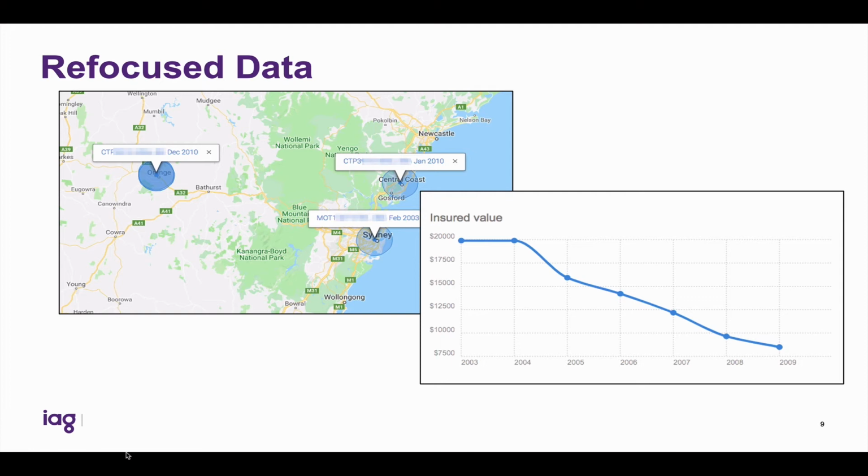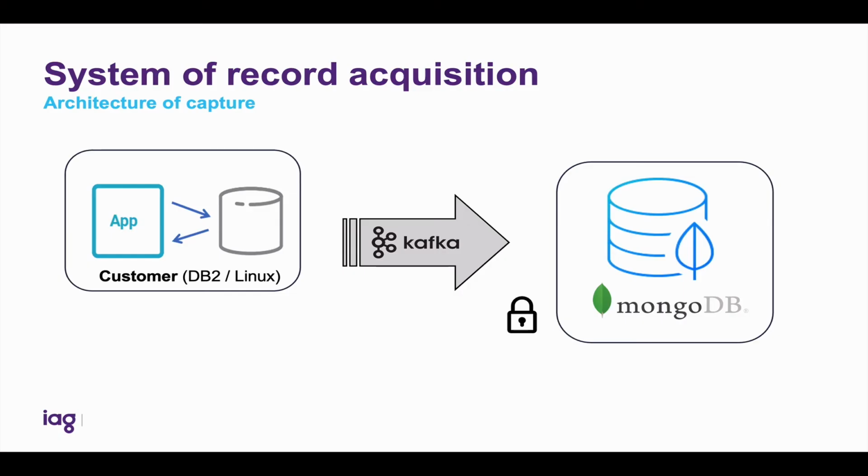So how did we build this? One of the architecture first was about how do we take information at high speed in real time from a variety of different systems and pull it through into MongoDB. So the first step is to identify the source systems that we've got. For our customer data, it's typically in DB2 databases running on Linux, or in DB2 databases on mainframes, or in Oracle databases.